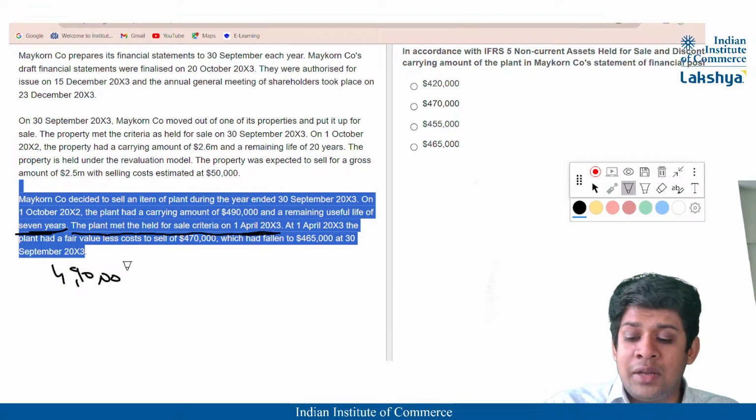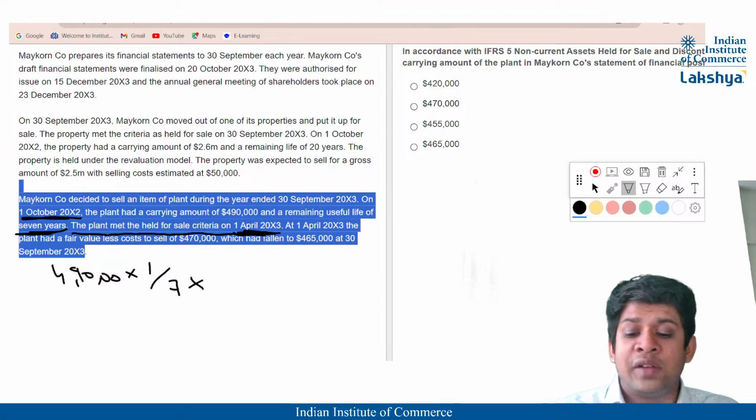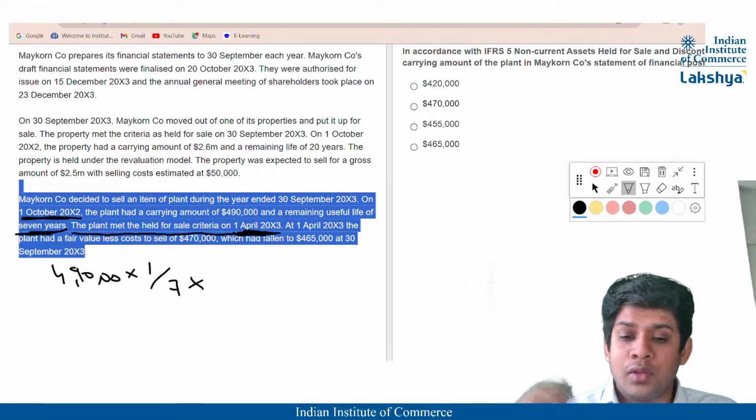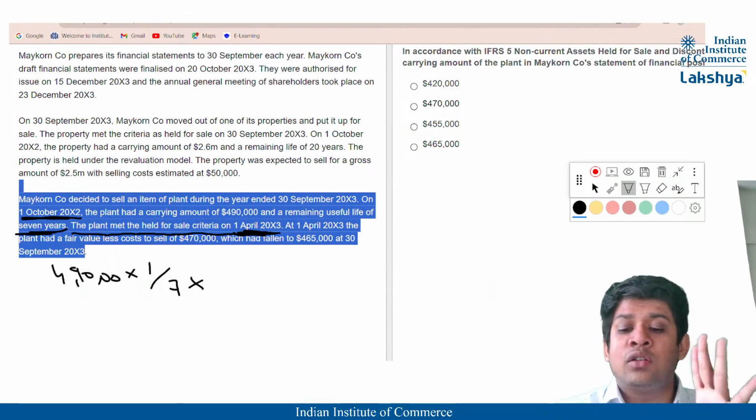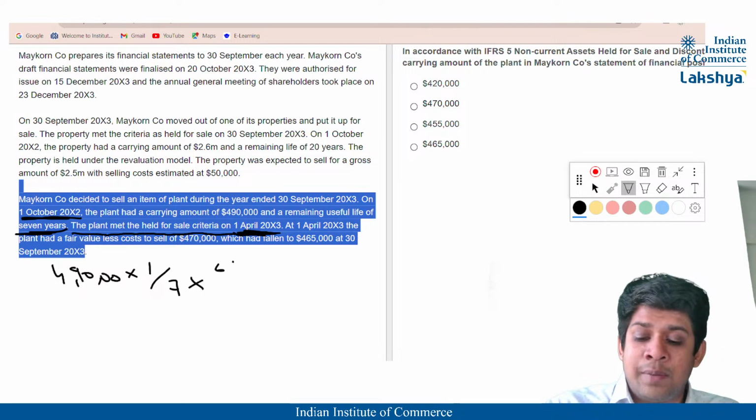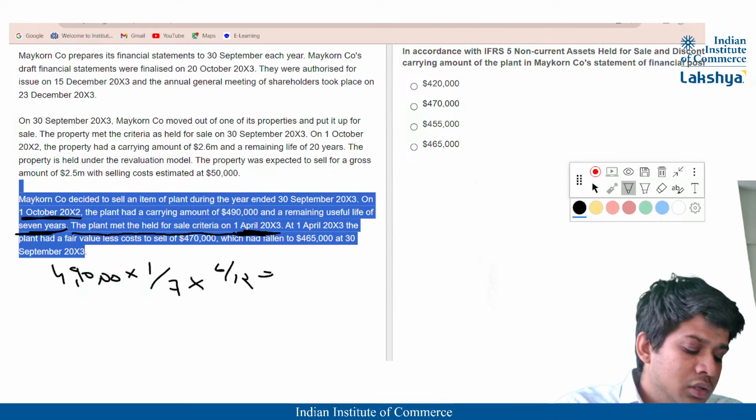So you're not going to depreciate your asset, right? So depreciation shall be charged into 1 divided by useful life of 7 years. But depreciation will be charged only from 1st October till 31st March, because from 1st April it is classified as held for sale. So October, November, December, January, February and March, only 6 months depreciation you will charge. So it will be 4,90,000 into 1 divided by 7 into 6 divided by 12.